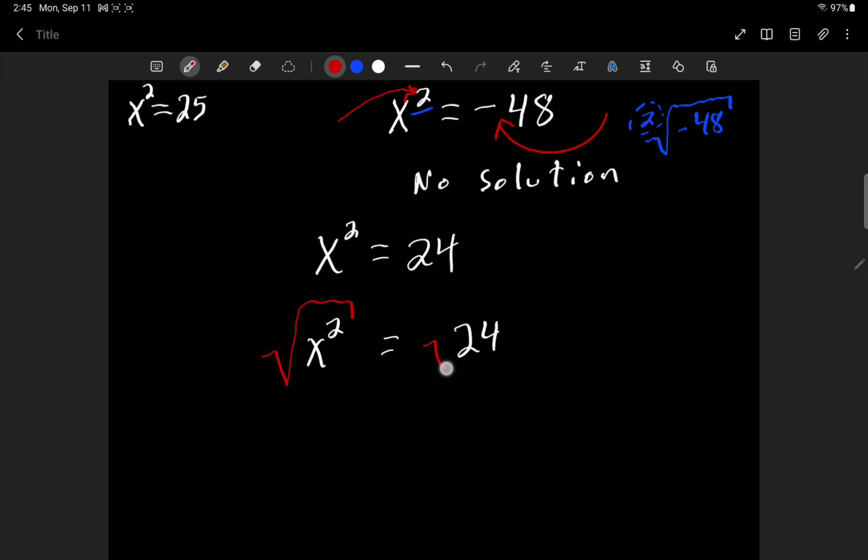And just like before, we have to add the plus minus. On this side, this is canceling that. So we end up with just the x, and it's equal to a plus minus square root of 24.